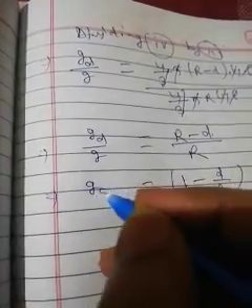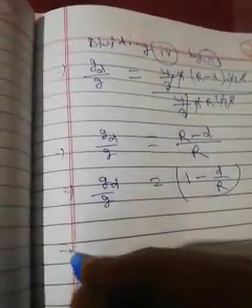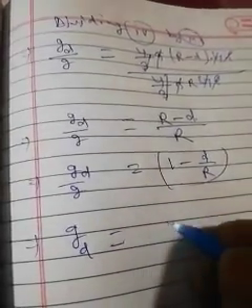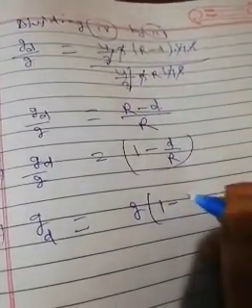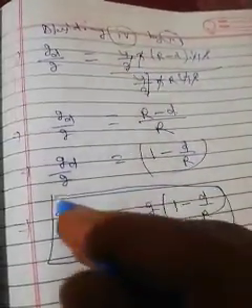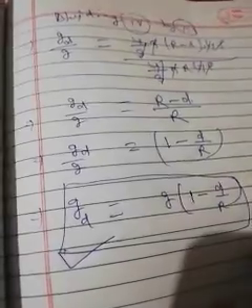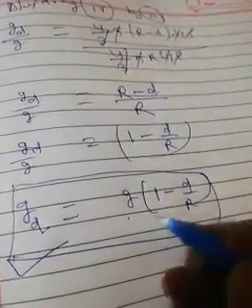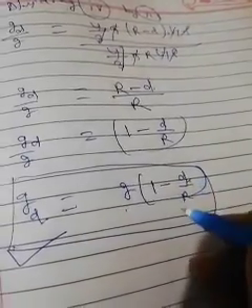So when we do cross multiplication, we get gd is equal to g into 1 minus d by r.